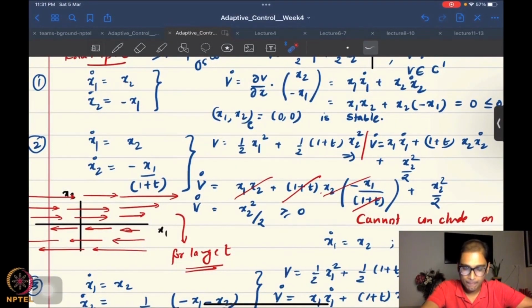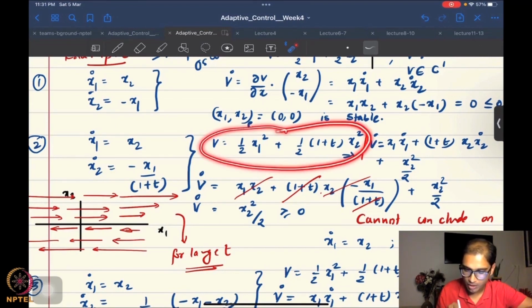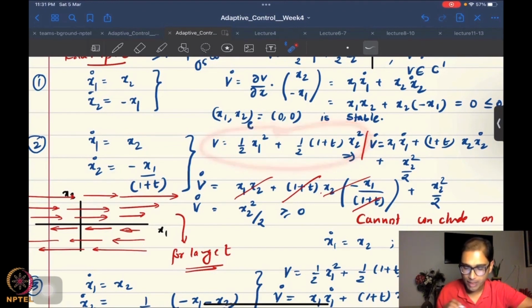in fact a very slight modification of the system, and we started to encounter some serious issues, right? The first thing to observe was that we tried a couple of different candidate Lyapunov functions. This particular choice was the second candidate Lyapunov function. But we saw that with this also we were getting v dot equal to x2 squared by 2, which is positive semi-definite, right?